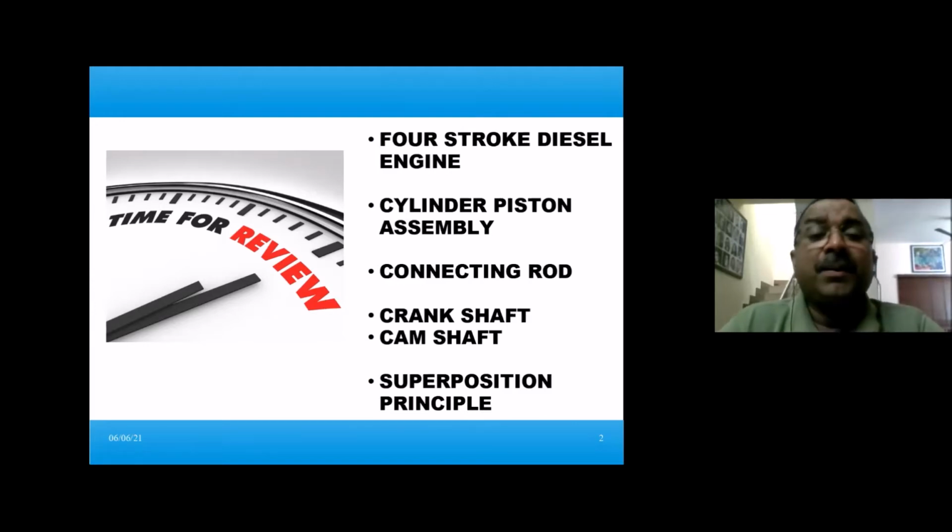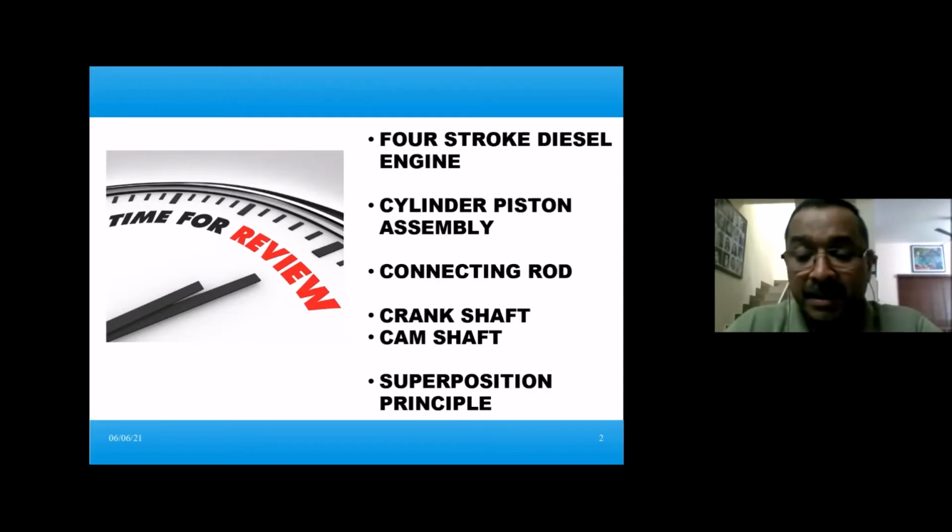Then we discussed camshaft. Camshaft, by definition, generates patterns from a rotary motion.